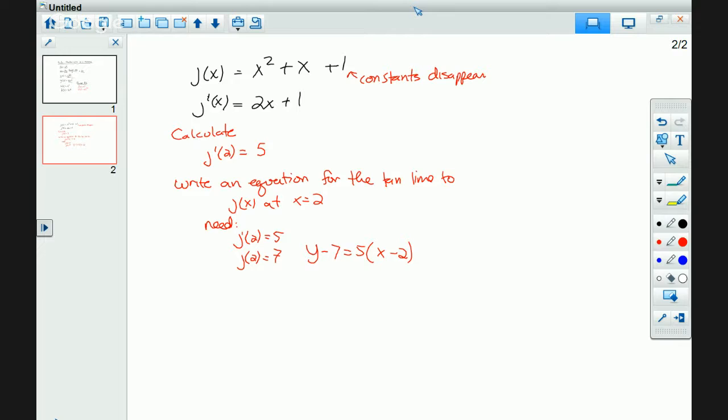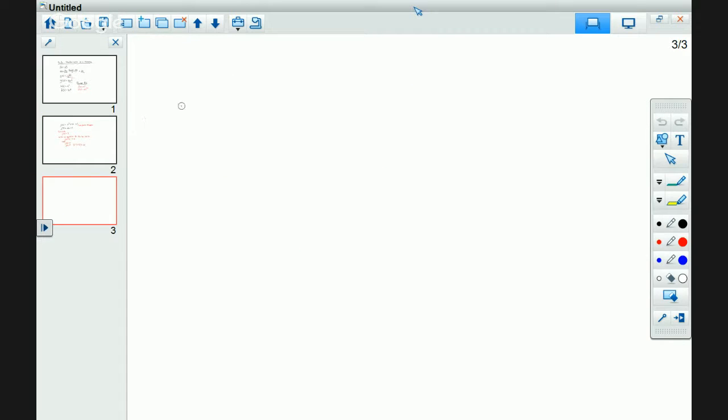There are a couple of notational things that I need to show you. You can write this right here, j prime of x, three different ways. I want to show those to you because you can see it. We found this is true, right?